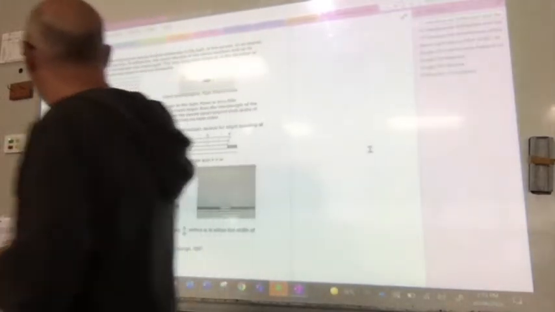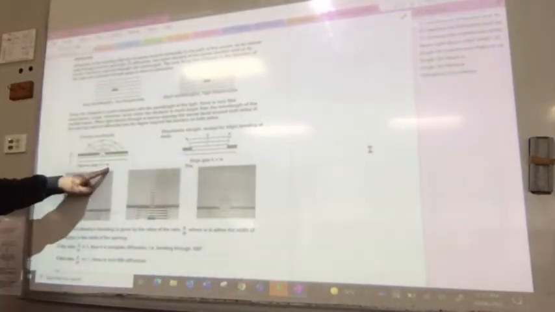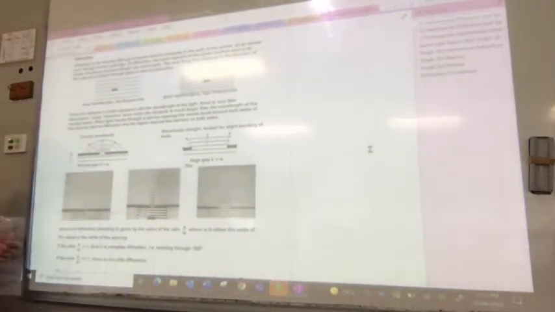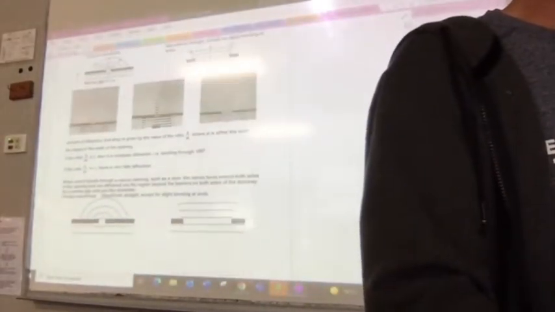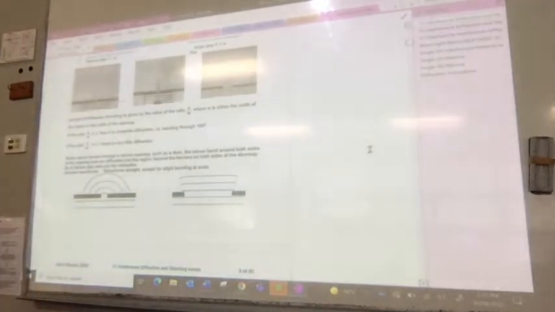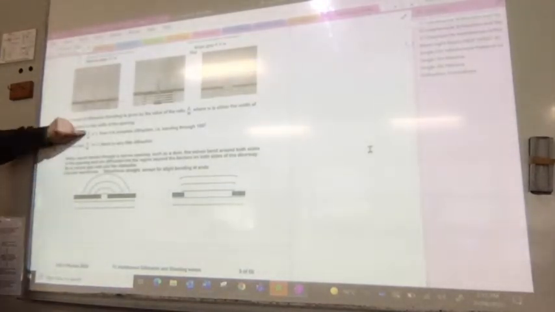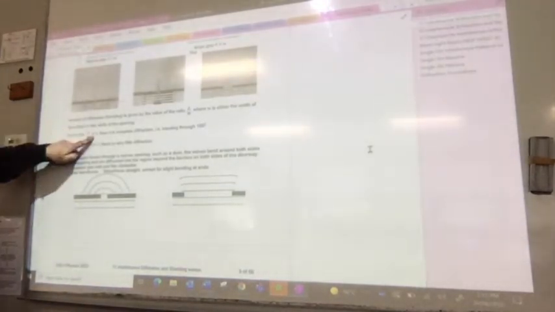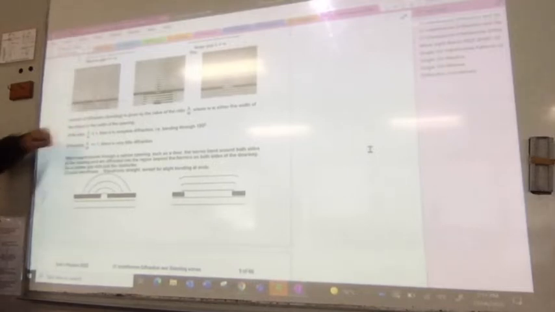When the wavelength is greater than or equal to W, W being the opening, you get basically full diffraction. There is a nice little use of the less than symbol here, which I've never seen other than in this unit. When the ratio of the wavelength to the opening is greater than or equal to 1, you get full diffraction, 180 degrees.